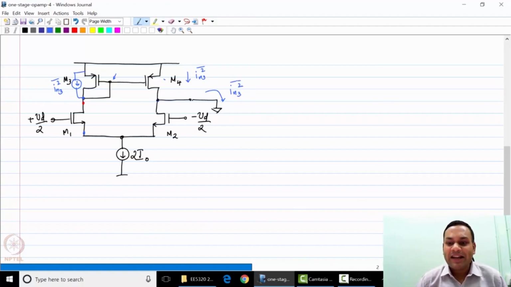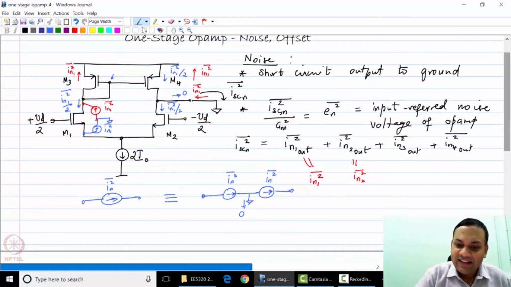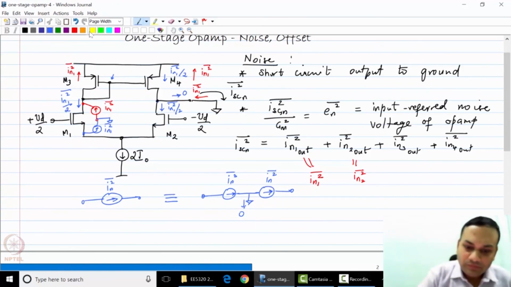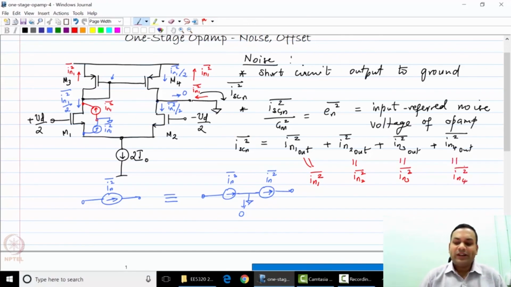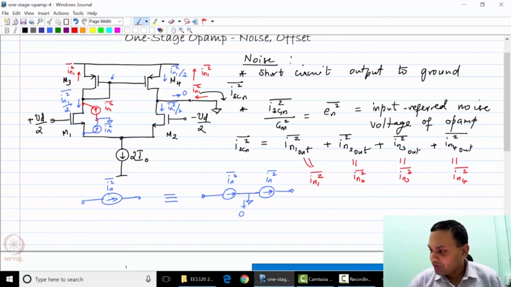And you can apply the same analogy for M4 also. Therefore, you can clearly see that this is IN3 squared and this is IN4 squared. So it turns out for this one stage op amp, all of the noise currents of M1, M2, M3 and M4 will flow through the output.